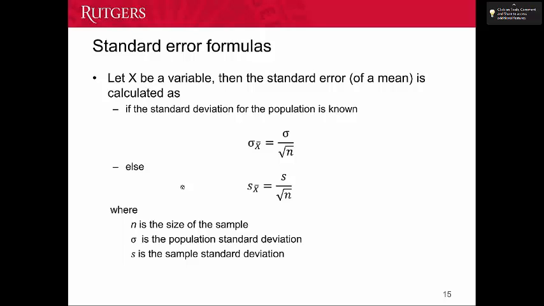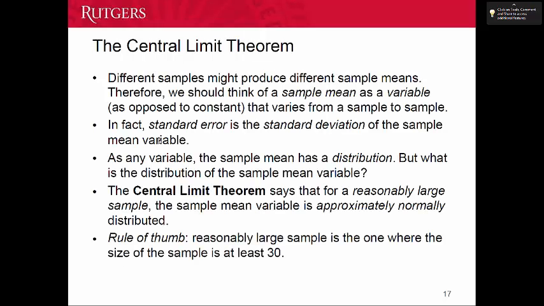Otherwise, it equals the sample standard deviation divided by the square root of the size of the sample. This slide brings us to the most important finding in statistics and probability theory, the central limit theorem.